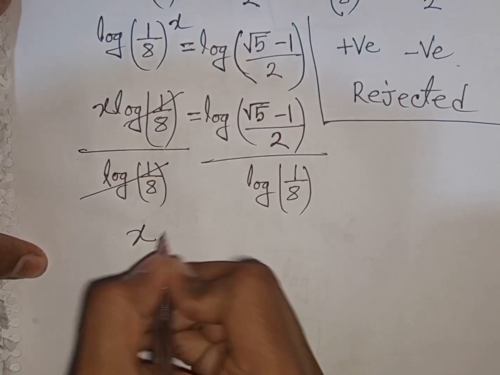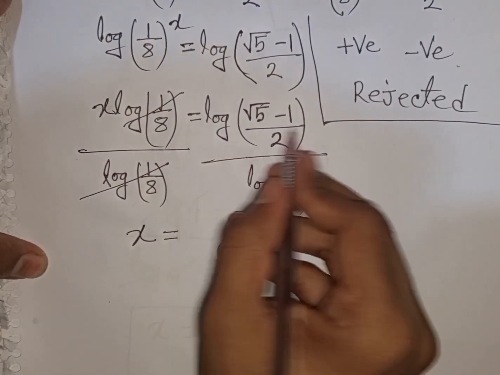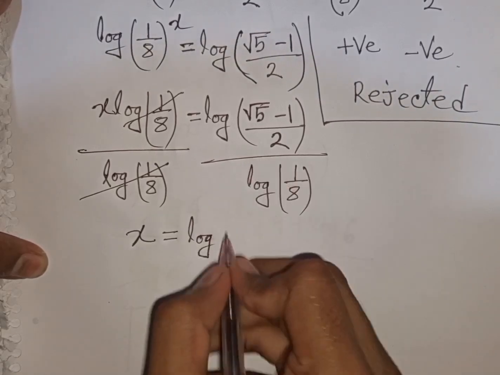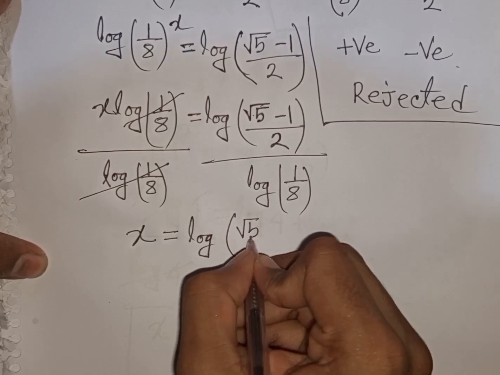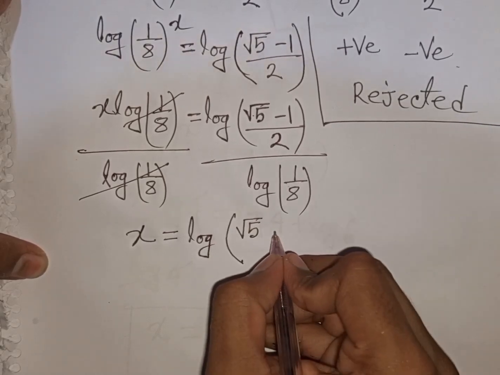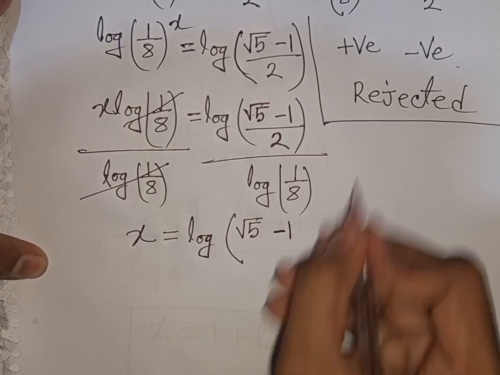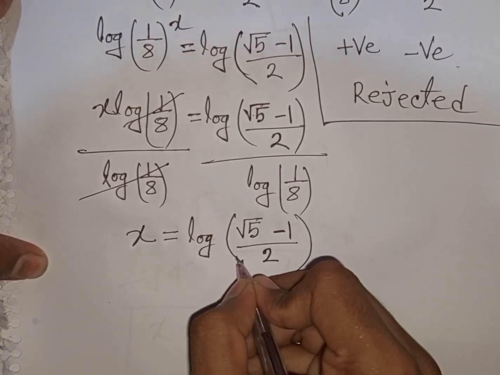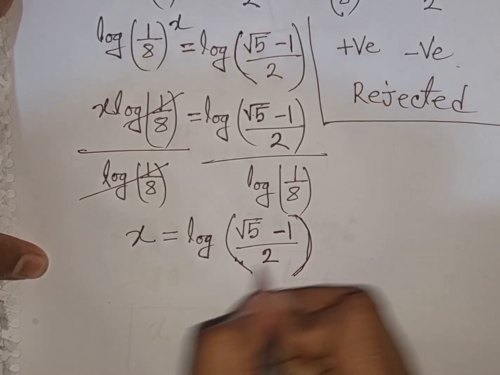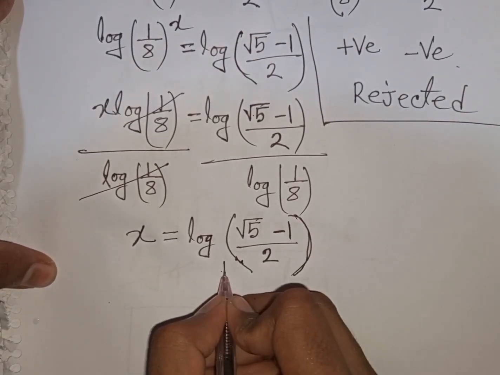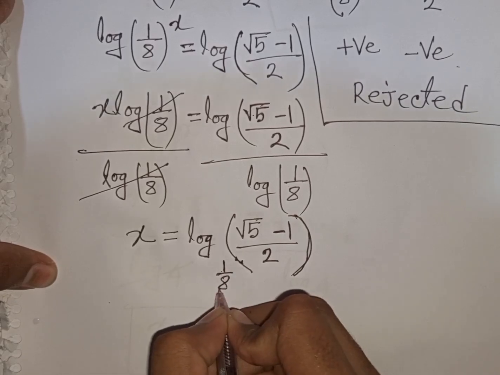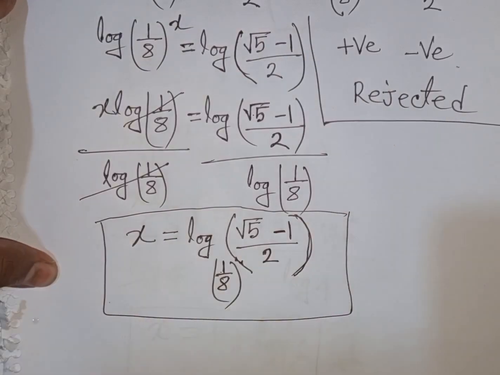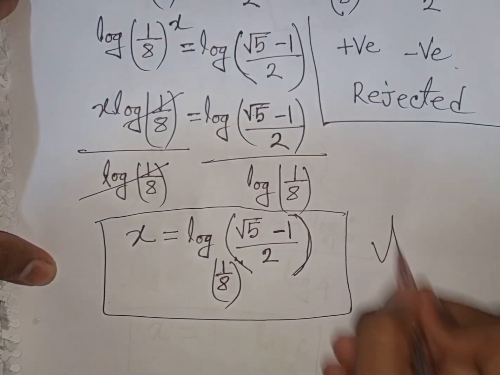So, here x will be equal to this divided by this, that means log of (square root of 5 minus 1) over 2 with base 1/8. So, this is the value of x. So, this is our final answer.